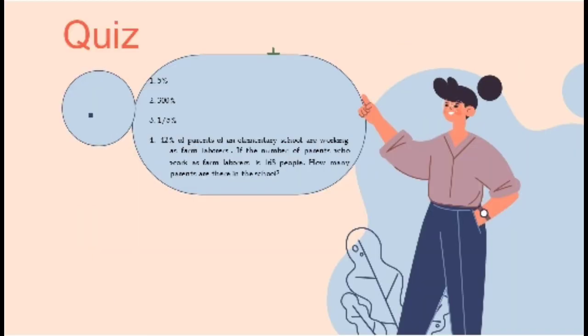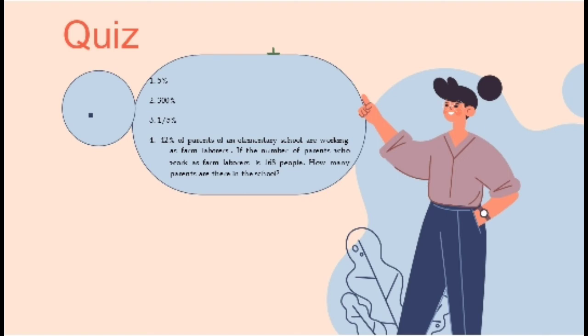Quiz. Number 1. 5% is. Number 2. 300% is. Number 3. 1 out of 5% is. Number 4. 42% of parents of an elementary school are working as farm laborers.